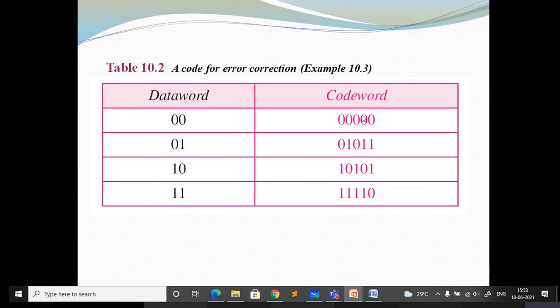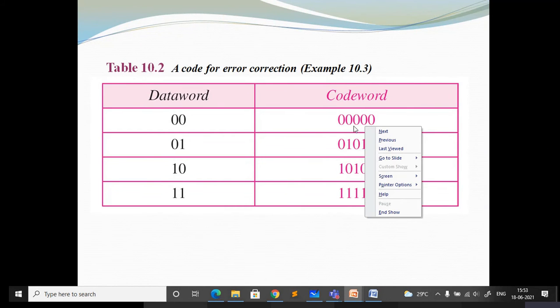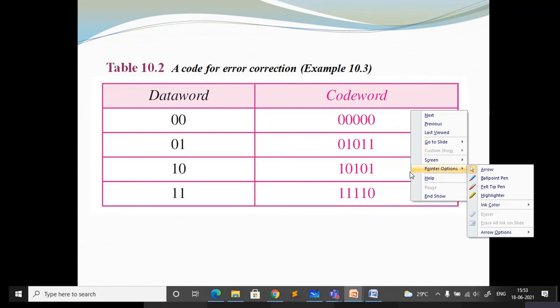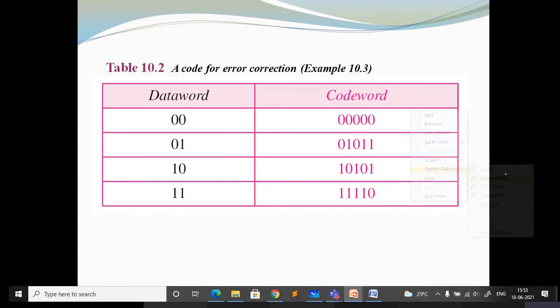Here you can observe that more than one extra or redundant bit is added to the code word. In the previous we just added one bit, so here 3 extra bits are added.